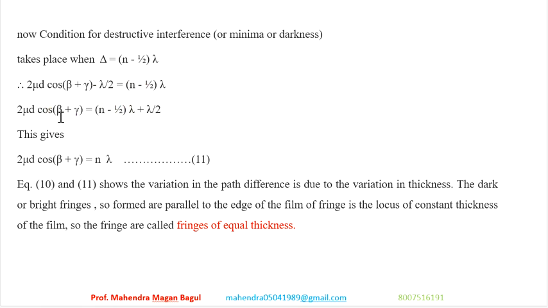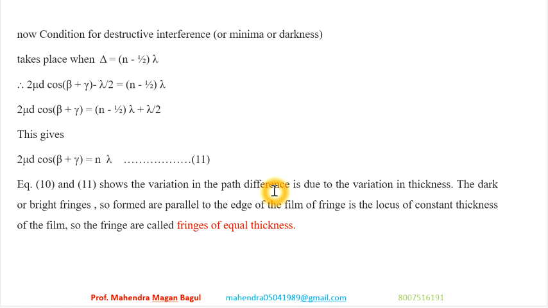Therefore, 2 mu d cos of beta plus gamma is equal to n minus 1 half into lambda plus lambda by 2. By solving this equation, we get 2 mu d cos of beta plus gamma is equal to n lambda.